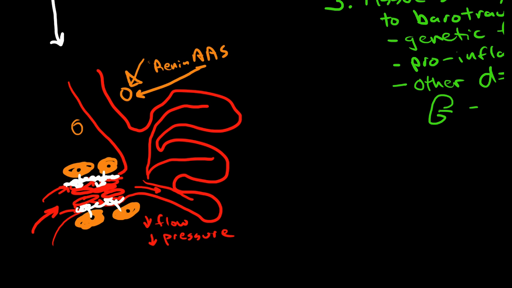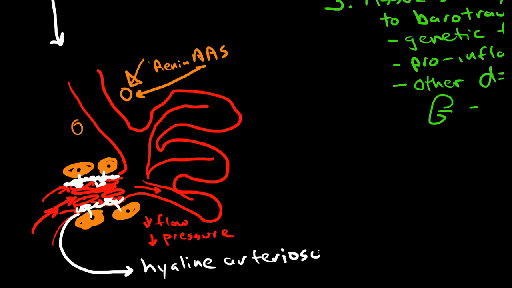Now, when it gets narrow enough that it can actually cause, let me go back. This type of lesion here is called hyaline arteriosclerosis. So we have sclerotic lesions in the afferent arteriole that have a hyaline appearance.